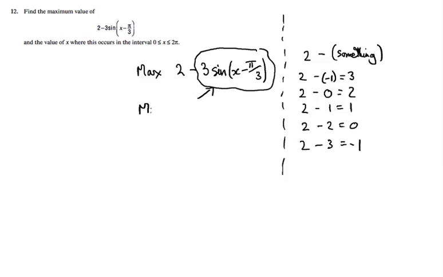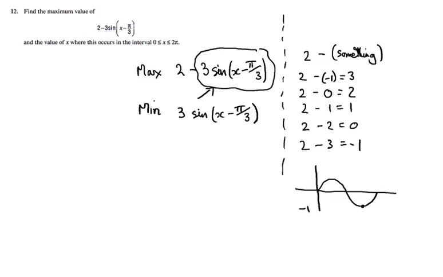So we're wanting the minimum of 3 lots of the sine of this angle. Now, for this to be a minimum, the sine of this angle would have to be a minimum, and that's something you can cope with, because remember, the sine of an angle reaches a minimum of -1 when the angle is 270 degrees.